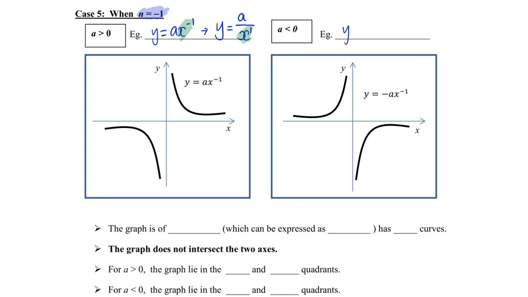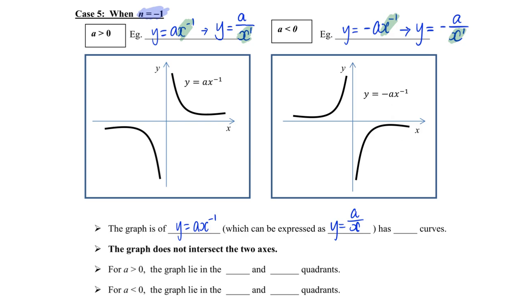The same goes for the case where a is negative. A times x to the power of -1, we can also rewrite as -a over x. x to the power of 1 and x are the same thing. If I rewrite it from numerator to denominator, the power changes. So now this is the graph of y equals a x to the power of -1, which can be expressed as y equals a over x.